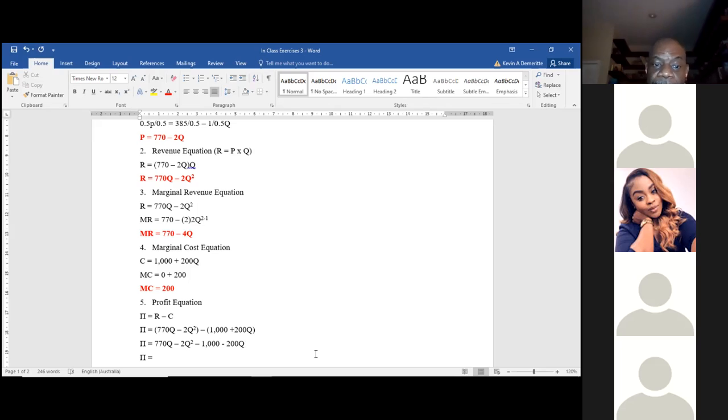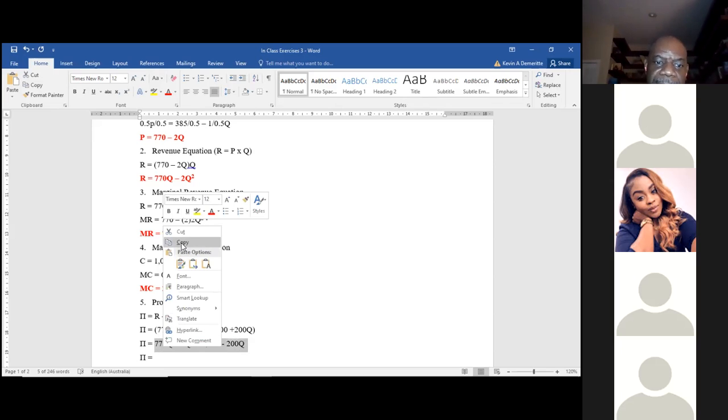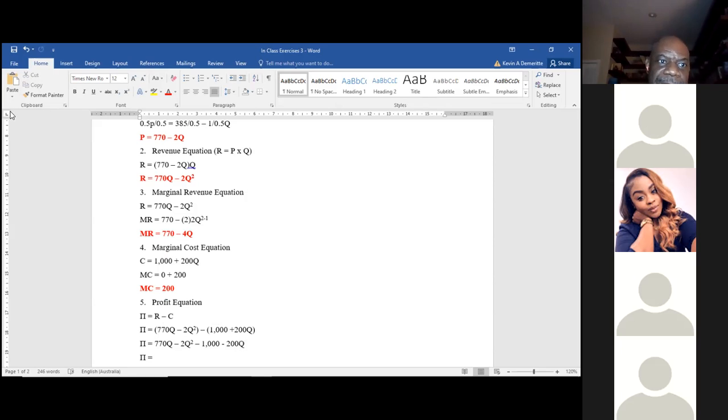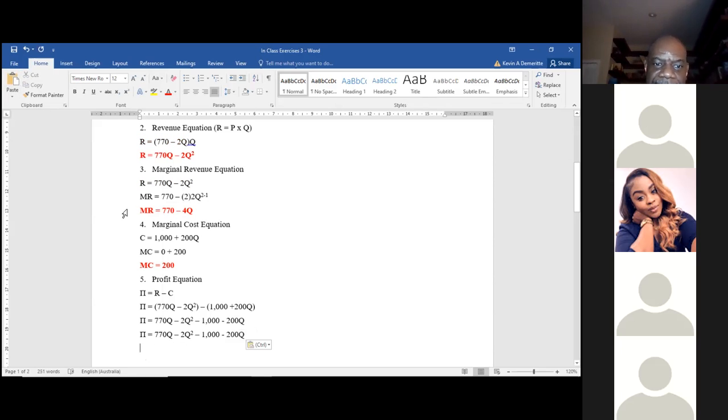And then we collect our terms. Let me save myself some effort, it's the superscript part that I'm trying to save. So we end up with 770Q minus 200Q. We put the Q's together, Q squares together, and numbers together.